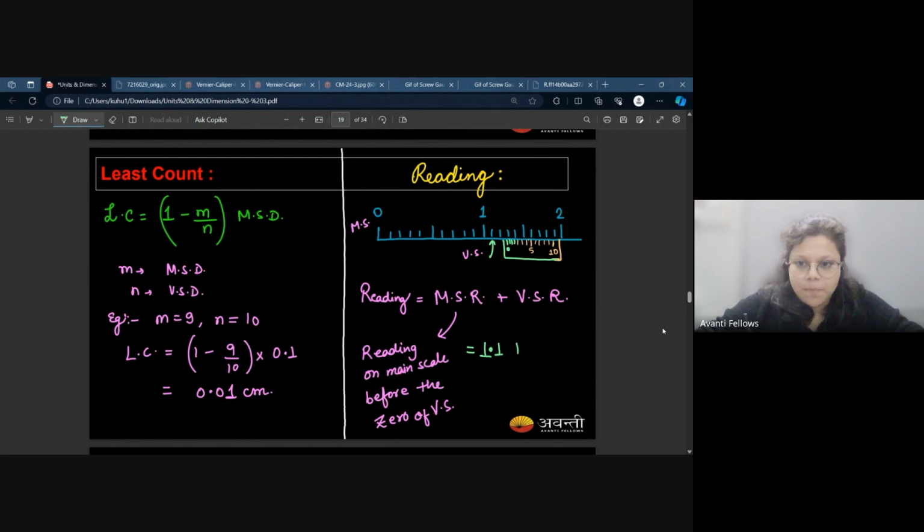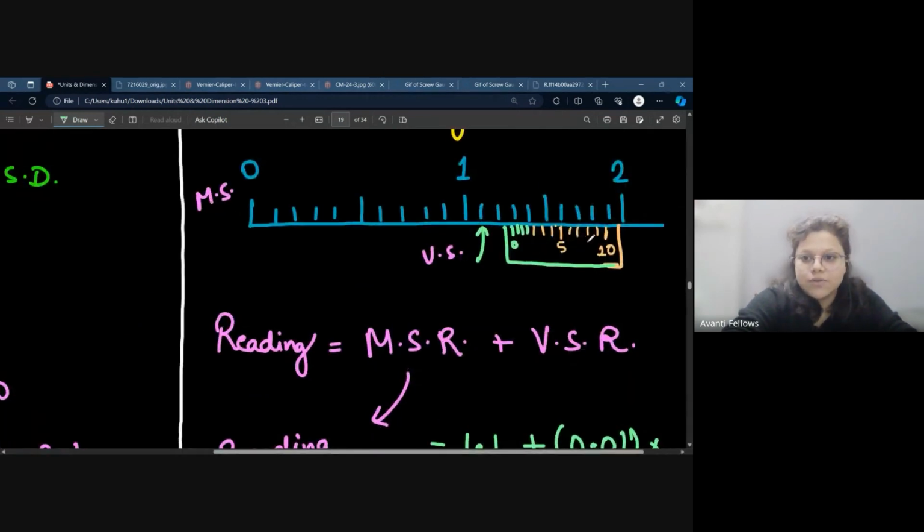Now plus the least count of the vernier scale, which you just calculated, 0.01, into the number of the division which is coinciding with the main scale. Among these 10 divisions on the vernier scale, there must be one division which is coinciding with the main scale. I'm going to zoom in over here and you have to tell me the number of that coinciding division.